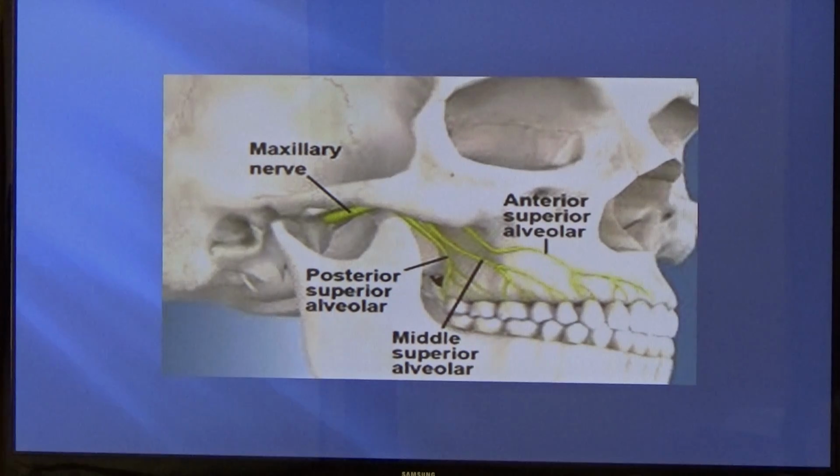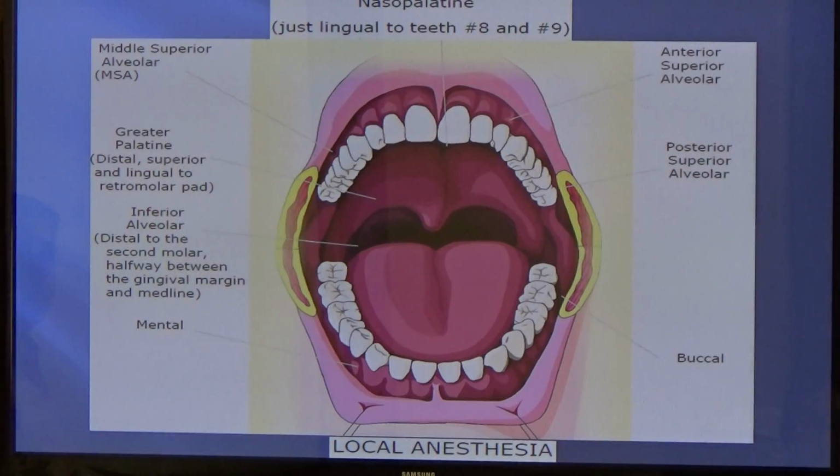Are you highlighting these? Yes. Again, the ASA is the apex of the canine, MSA is the apex of the second premolar, and PSA is second molar, or around the back. It's right where the vestibule kind of falls off into nowhere.